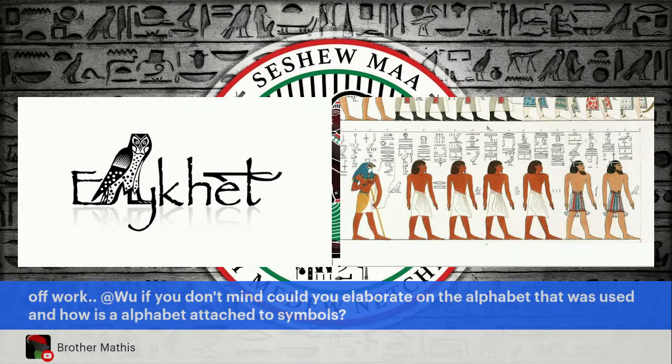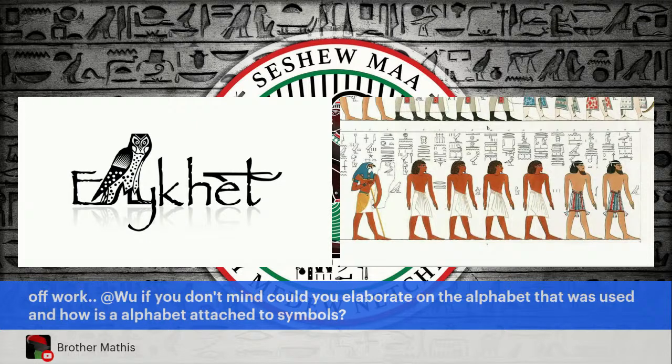In other words, every Egyptian word theoretically could have been spelled with just those 24 to 25 glyphs. But that's not how they did it. So it wasn't used that way, so we can't say it's an alphabet technically.